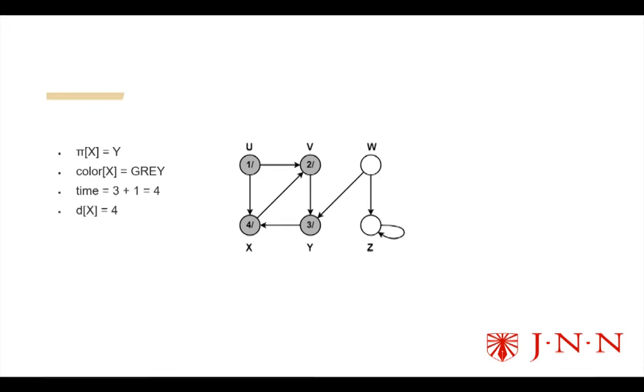And now the predecessor pi variable is Y. Then the immediate next vertex, that is X, turns from white to gray. Then the predecessor time unit 3 plus 1 unit is incremented for the vertex X. Now the discovery value of the vertex is 4.